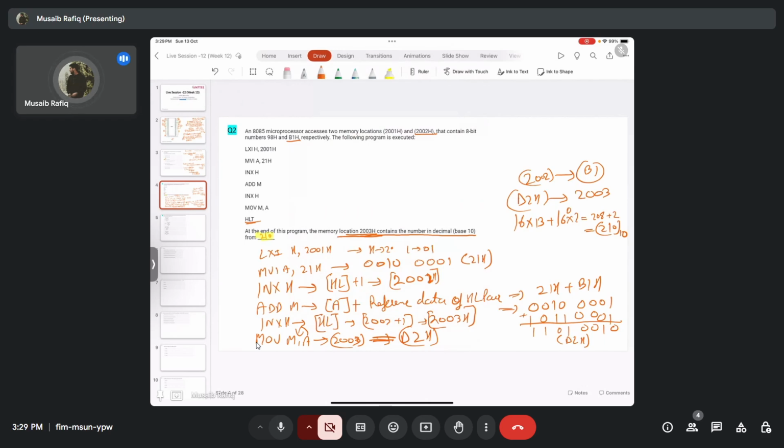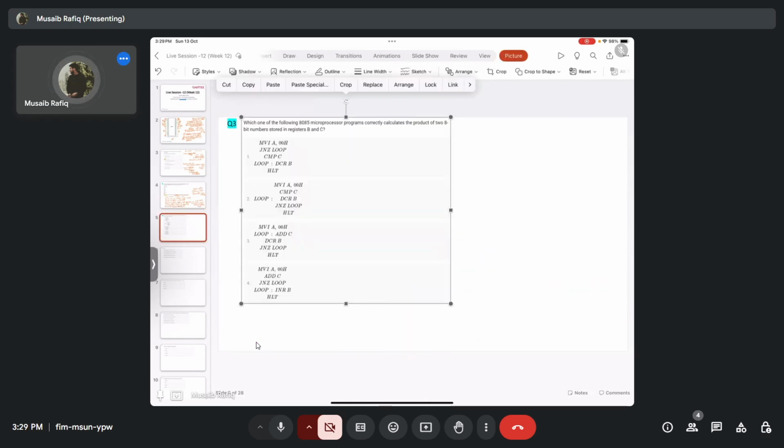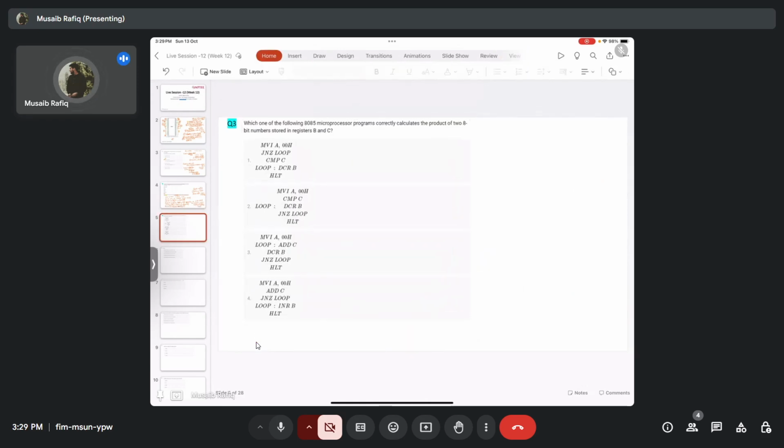Any doubts in this question? If not, we can move forward to this question. I hope this question you can answer very quickly. So I'll just read this question for you. I want you guys to solve it first.